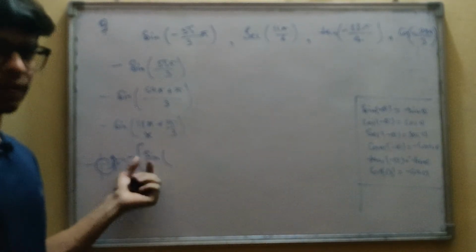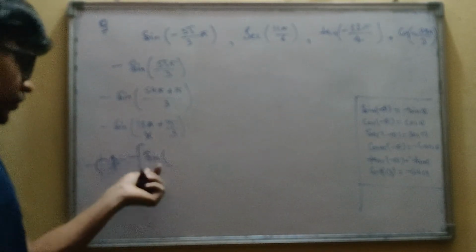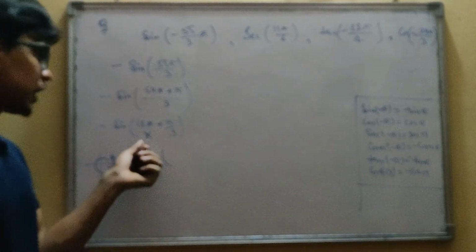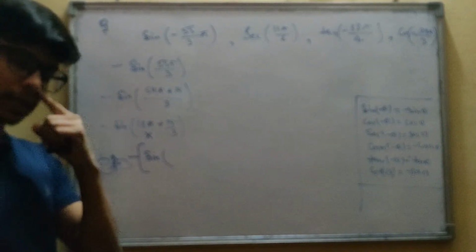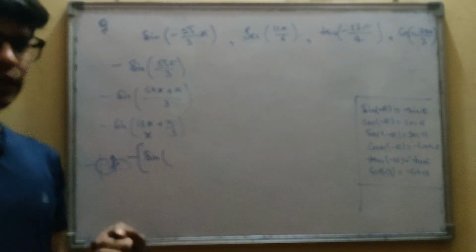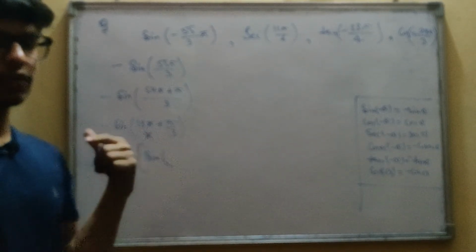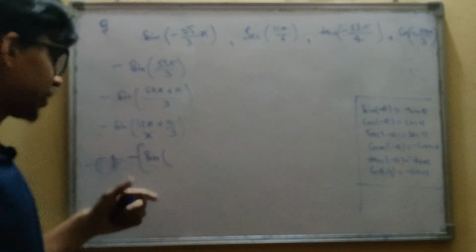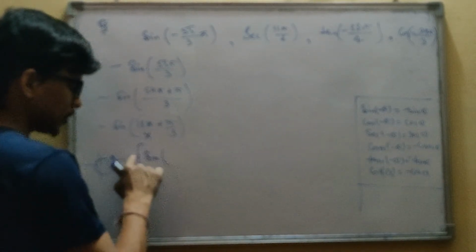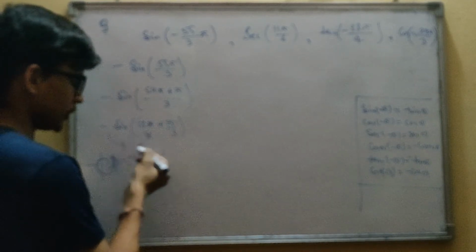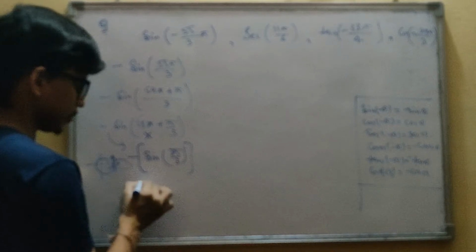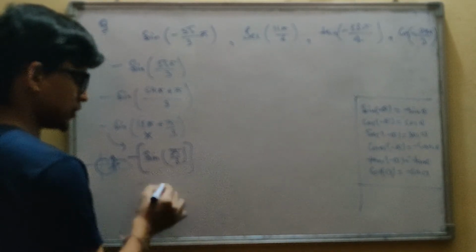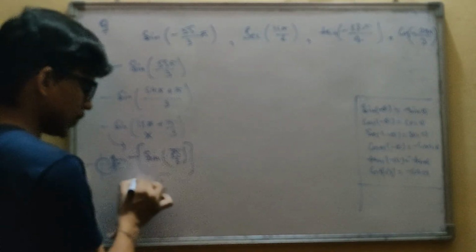But I don't have to do that here, because after adding pi by 3 to 18 pi we are in the first quadrant, where all trigonometric functions are positive. This negative sign is only because of the first step. So it is directly sine pi by 3, which is sine 60, which is root 3 by 2. So the answer is minus root 3 by 2.